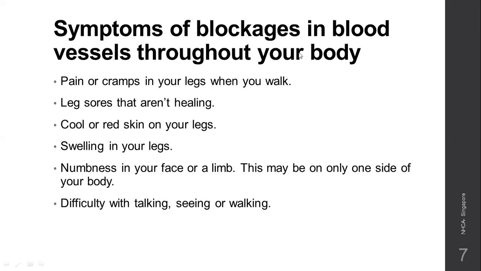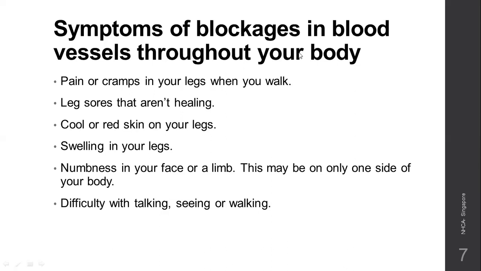Cool or red colored skin on your legs. It looks cool toned because there's a lack of oxygenation. Swelling in your legs, which is persistent. Numbness in your face or a limb, and this may be just on one side of your body as well. Difficulty with talking, seeing, or walking.